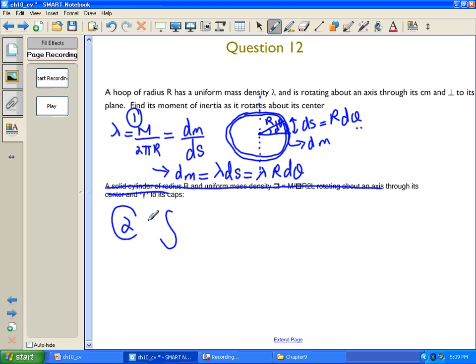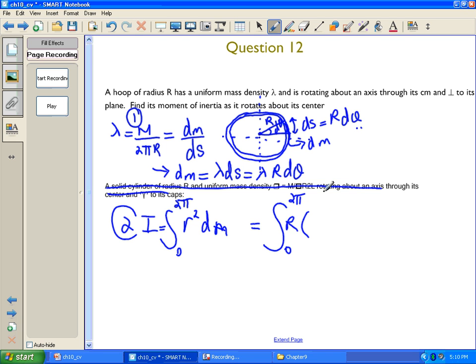Now we have I equals the infinite sum r squared dm, and we're going to sum all the mass elements from 0 to 2 pi. In other words, starting with 0, if we want this to be our x, all the way around. And all of the little mass elements dm are going to be fixed at a distance capital R, the radius, from the axis of rotation.